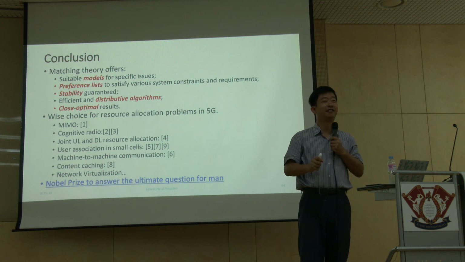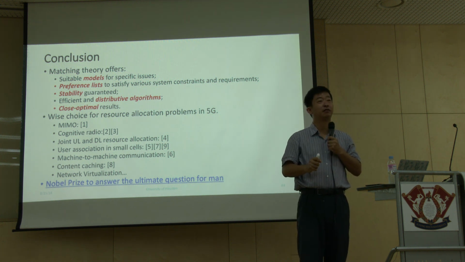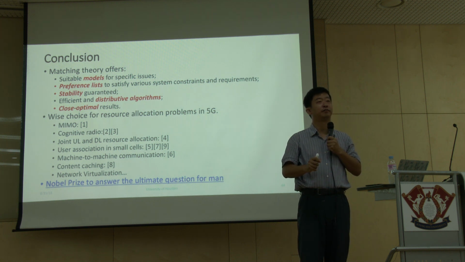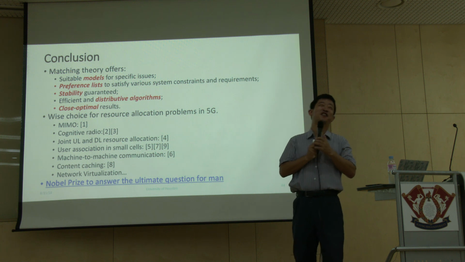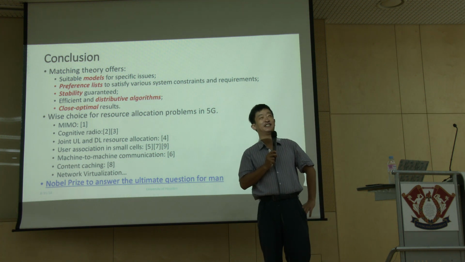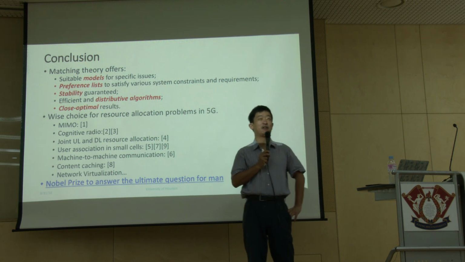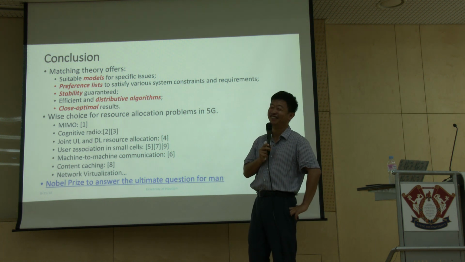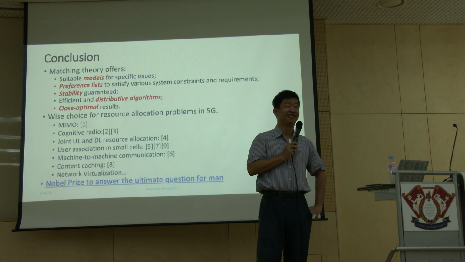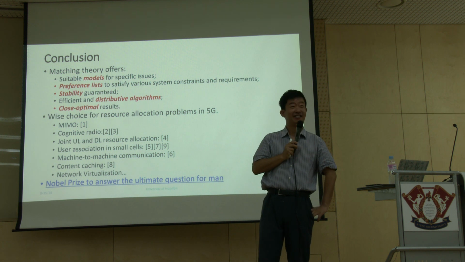Then another problem may arise: you have more preferred ones. The next question is, what is the length of your preference list? Maybe the answer should be one preference. Yeah, you must be married.